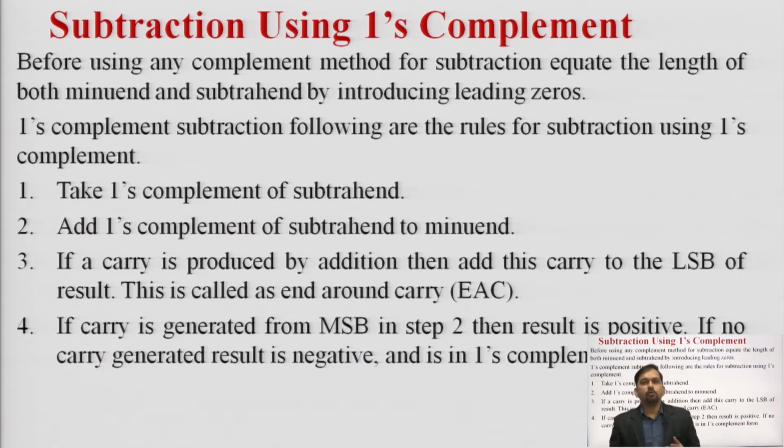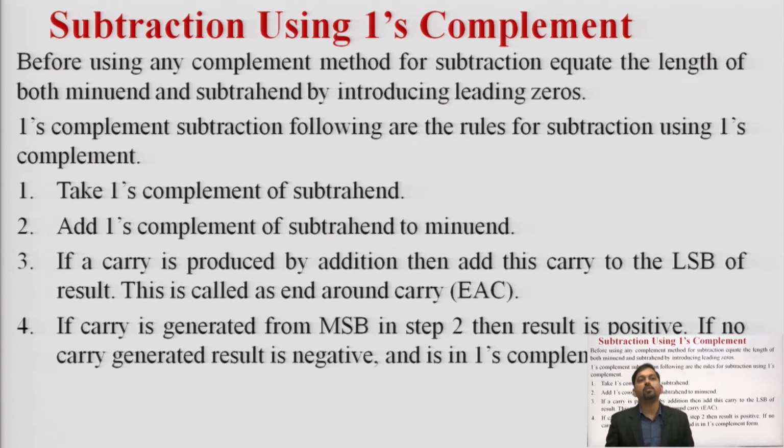By introducing leading zeros, first we need to make the length of both the numbers equal. How can we achieve this? By inserting zeros at the beginning, at the MSB positions. After that, what are the rules for 1's complement subtraction?